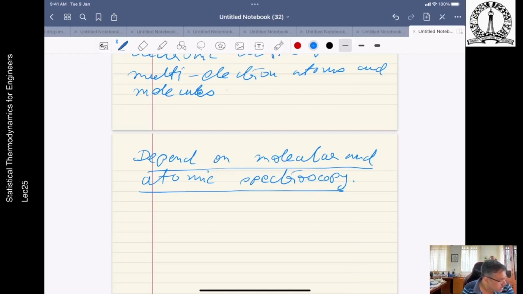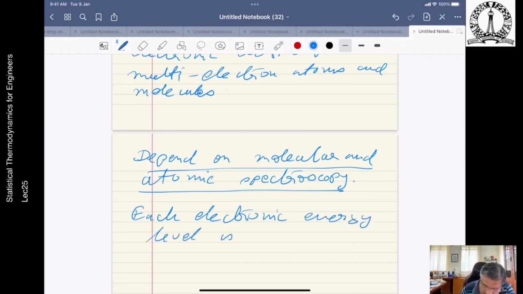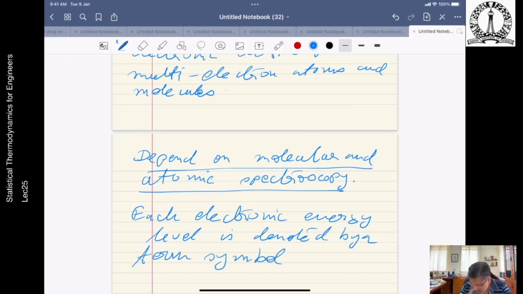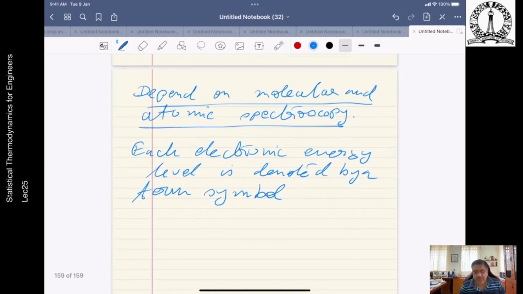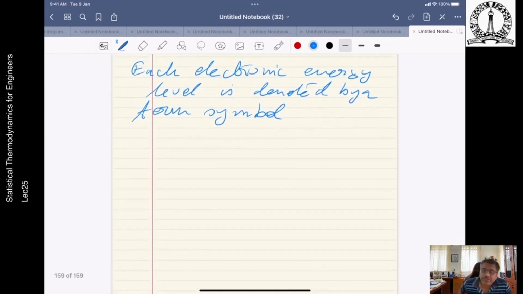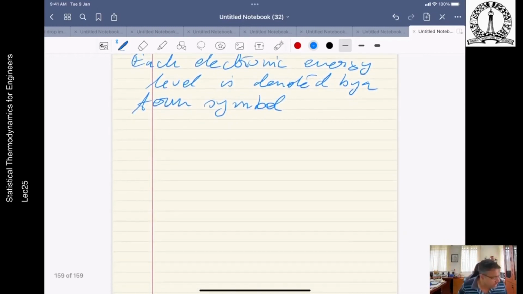Okay, so each electronic energy level is denoted by a term symbol, which is required for the stat thermo calculations that we are going to perform later on.